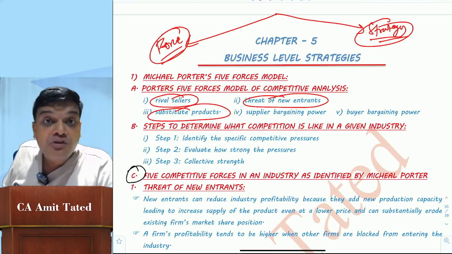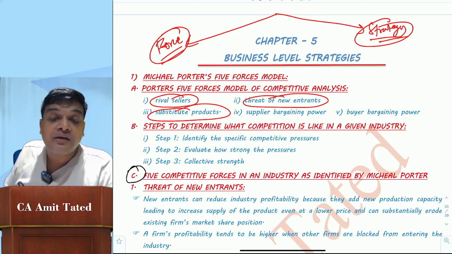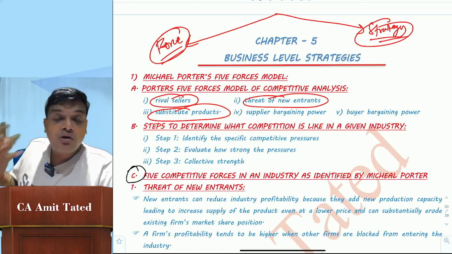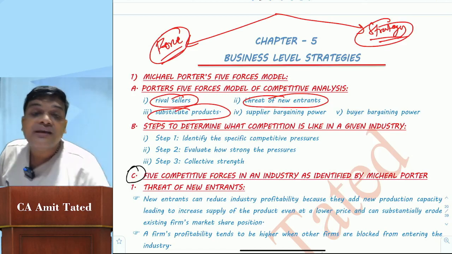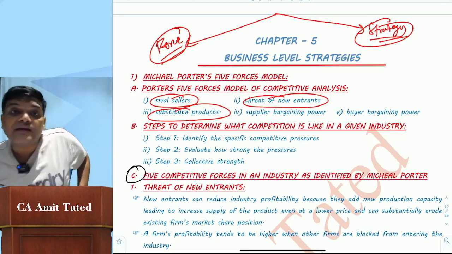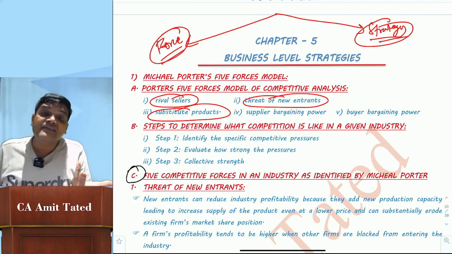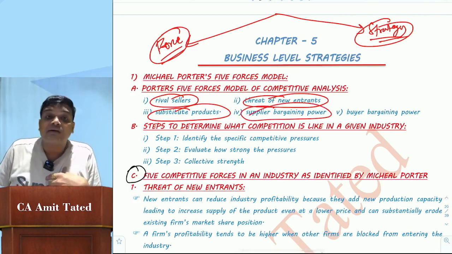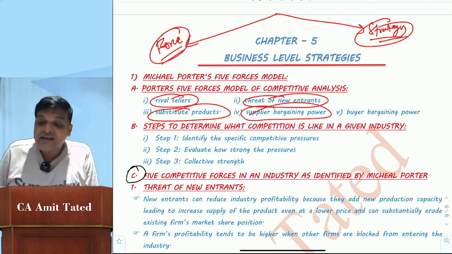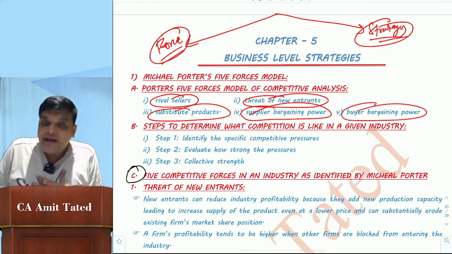So substitute is also a competition for me. Please understand, competition is not my competitor only. Even a new entry, if it is easy, is a competition for me. If substitute products are available easily, it is a competition for me. If the bargaining power of suppliers is there, competition is difficult for me. If the bargaining power of buyers is there, it is a competition for me.